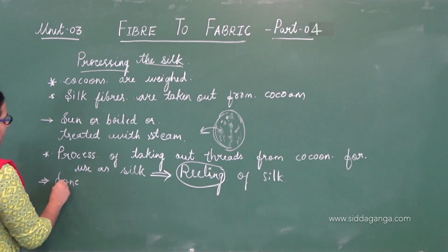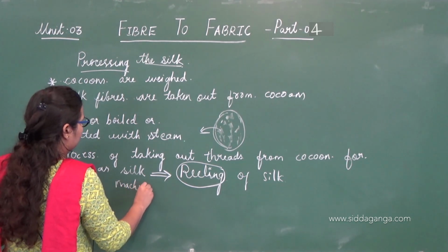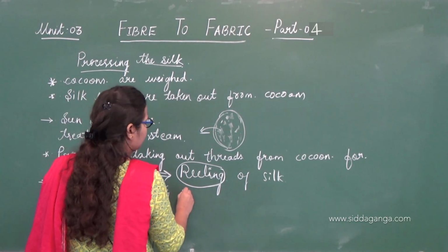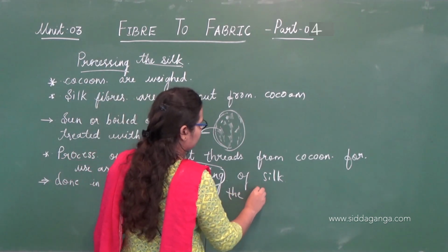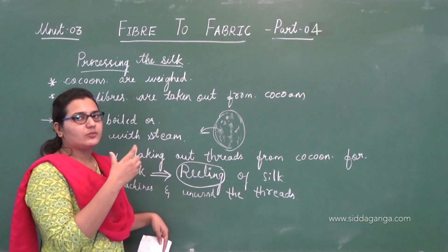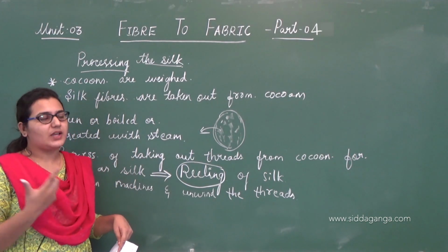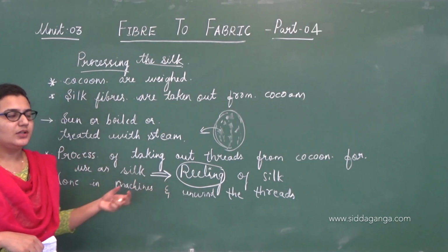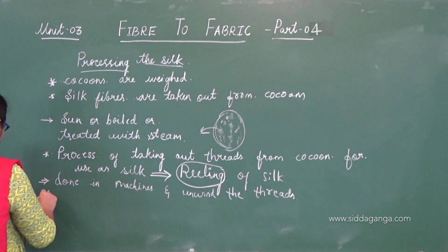The removal is done in specialized machines, and those machines unwind the threads. Okay, clear? Manually it's too hard, very time consuming, and not economic, so we have these machines which unwind the threads. After that, this is where we get the fiber.